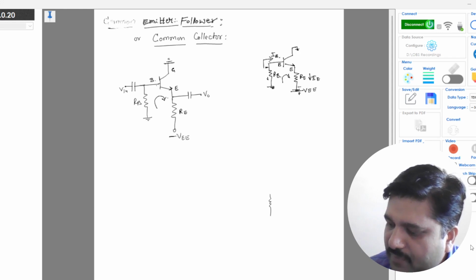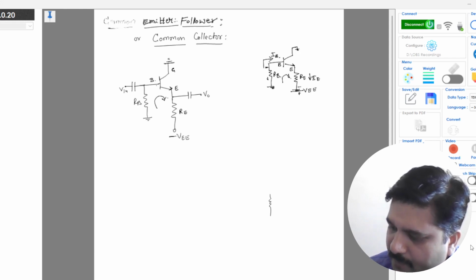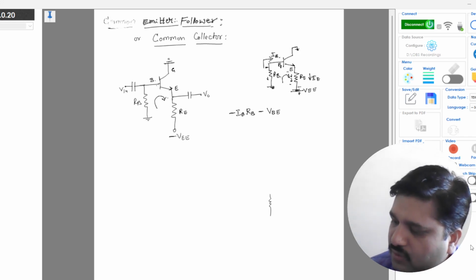So if I apply KVL for this, see this is in the opposite direction, it will be minus IB RB, right? And this is plus and this is minus, so you have minus VBE, and this is plus and this is minus for the current IE to flow through the resistance RE, so hence it is minus IE into RE, right?